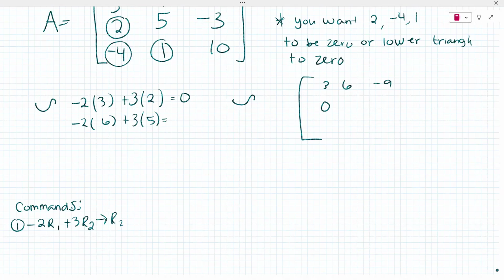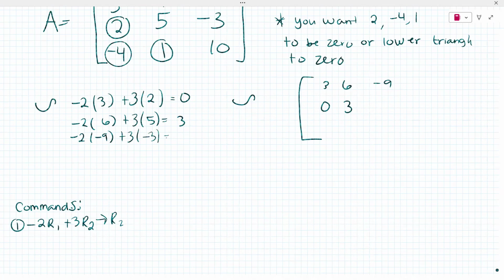What does that give you? That would give you 3. Okay, continue. -2 times the third number in row 1, which is -9, plus 3 times the last number in row 2, which is -3.